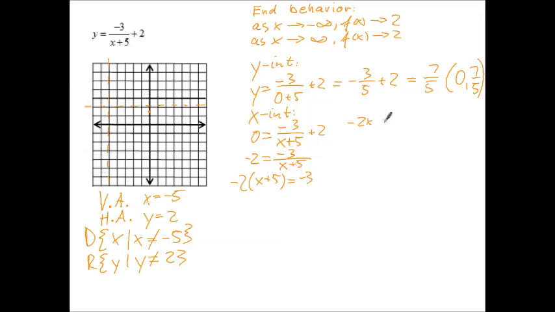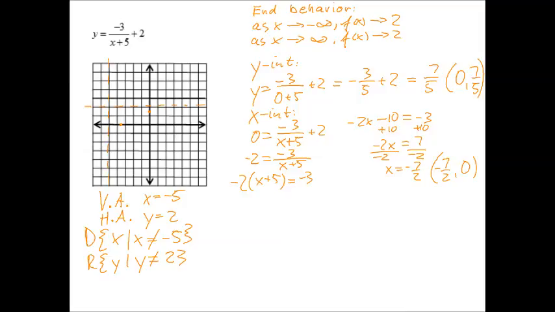Now we distribute, move the 10 to the other side, and divide by -2. X is equal to -7/2, so -7/2 and 0 are our coordinates. -7/2 is -3.5, so -3.5. That is our x-intercept.